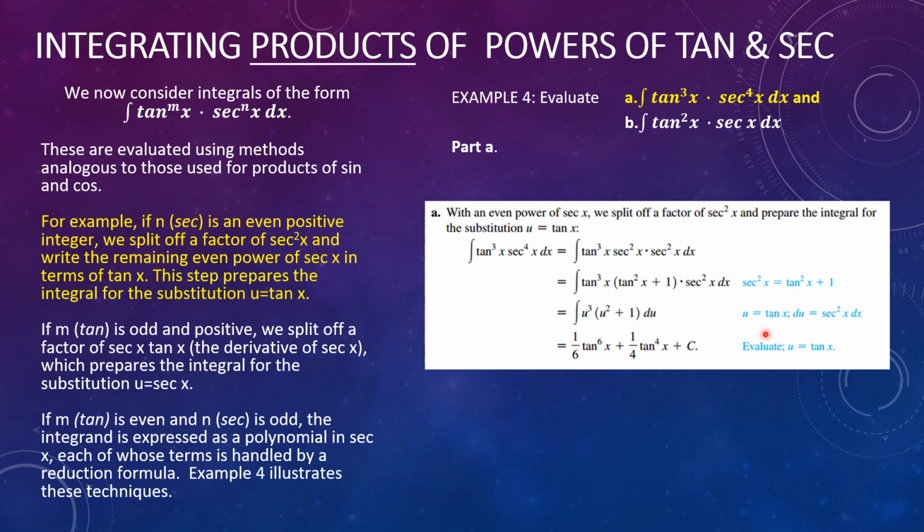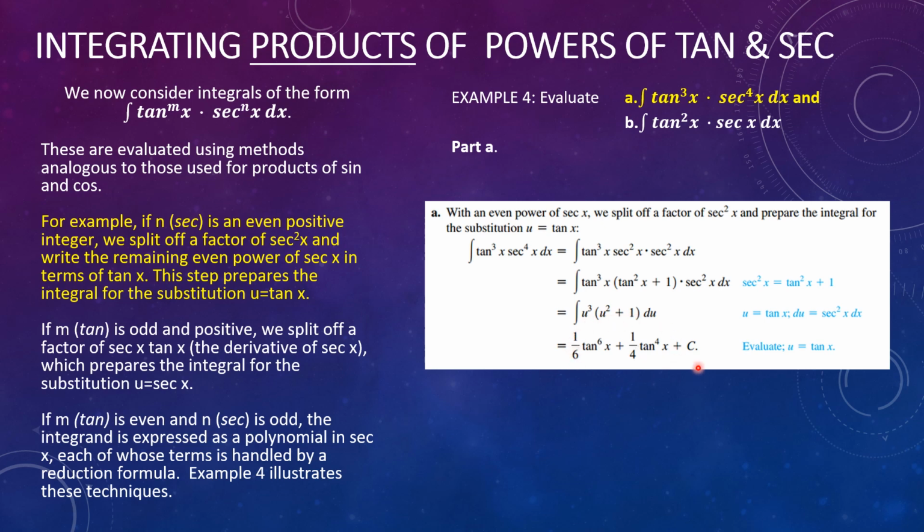So if we substitute in u equals tangent x, then we get u cubed times u squared plus 1, and the derivative of tangent is secant squared, and so we get our du equals secant squared x dx, so that takes care of everything there. So if we multiply through, we get the integral of u to the fifth plus u cubed.